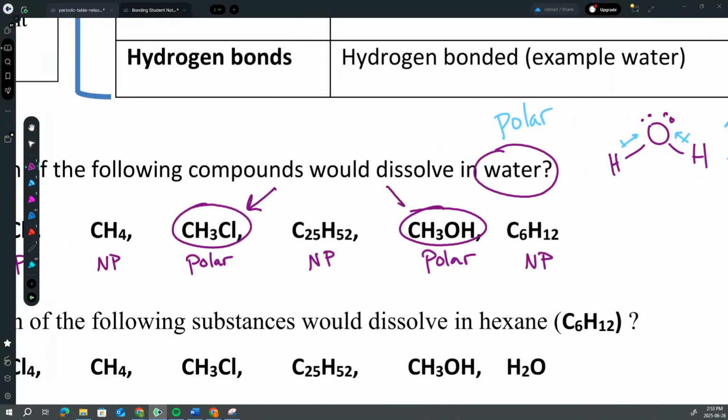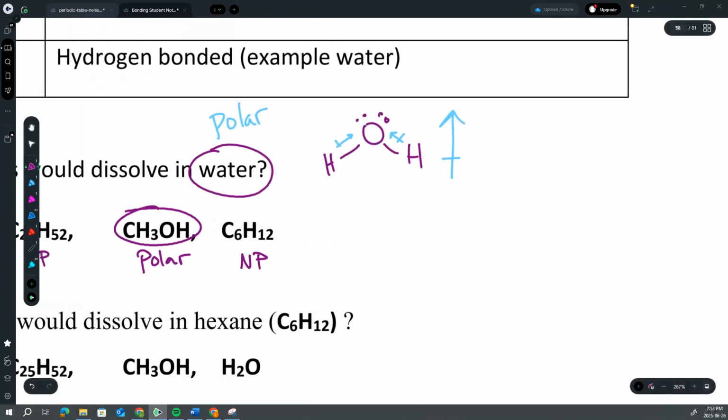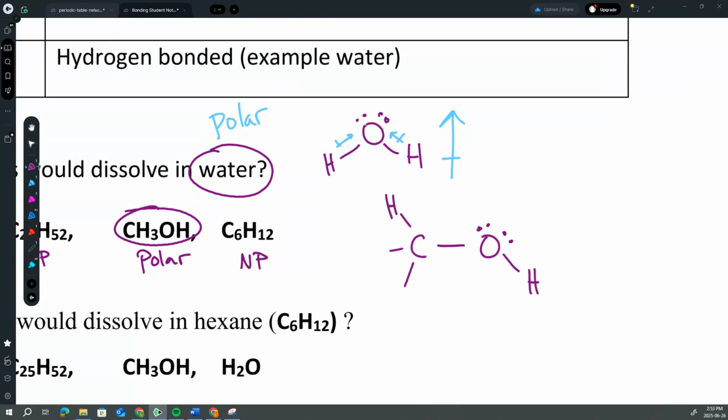Now, out of the two of these here, both of them are polar. However, I can tell you that methanol, CH3OH, is going to dissolve extremely well in water. The reason is that methanol can do hydrogen bonding. If I were to draw a picture of methanol here, we can see that hydrogen is directly bonded to oxygen.